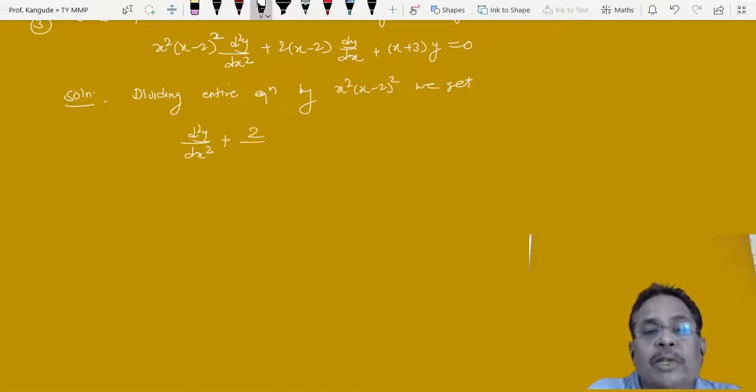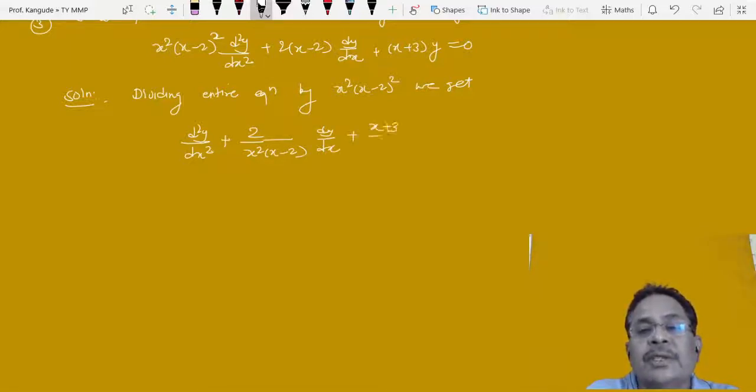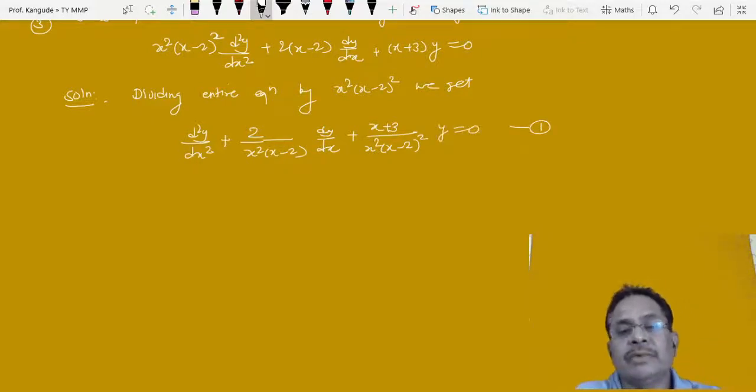So 2 upon x square into x minus 2 into dy upon dx, plus x plus 3 upon x square into x minus 2 square into y is equal to 0. Call this equation 1.